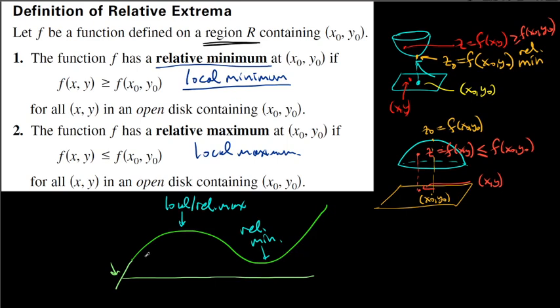You have to go far away. Likewise, there are points, say this point up here, that's higher than this point over here. But if you're only looking in a small neighborhood, then this is the highest point, and if you're looking in a small neighborhood, this is the lowest point. Okay, so that's what we mean by relative minimum, relative maximum, or local minimum, local maximum.